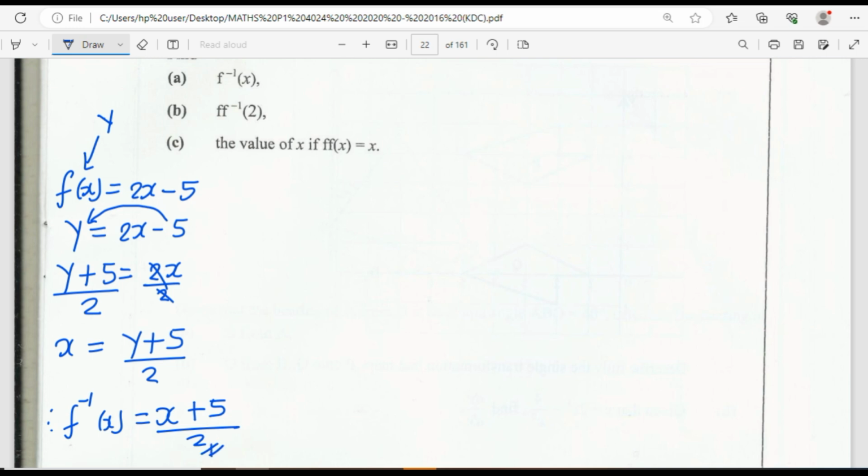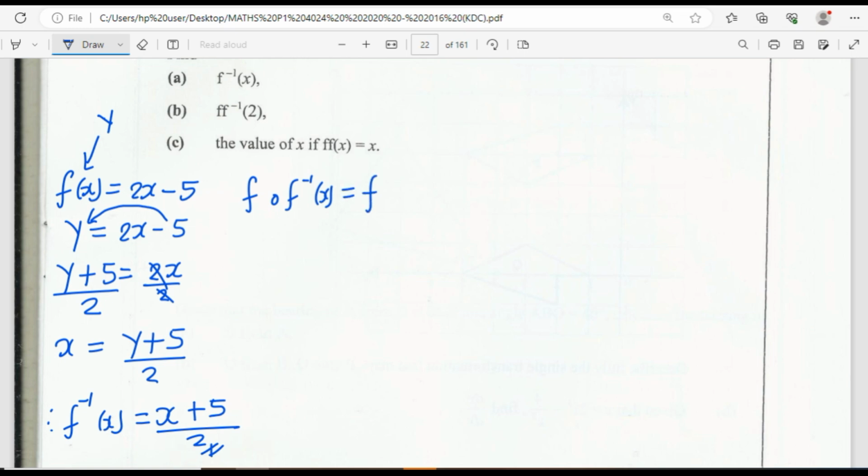Then for b, we have f times f inverse. So this is now a composite function. So we have f of f inverse. Let's find this expression.